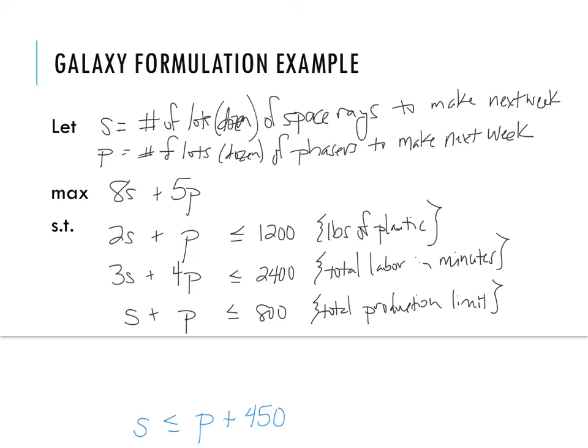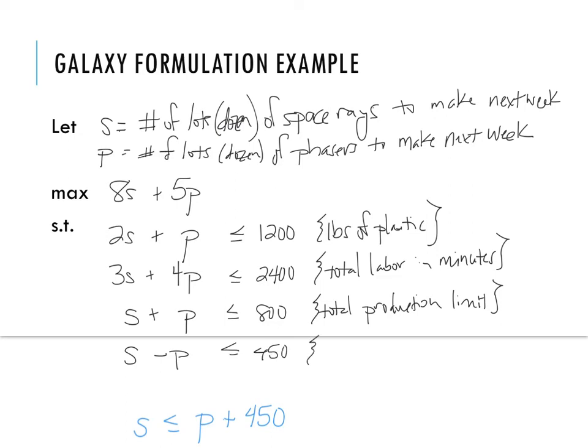What that means is I need to take this P and move it over here by subtracting P from both sides. It puts the P over here, keeps the 450 by itself. So let me rewrite it up here in black. So we have S minus P, because I subtracted P from both sides, less than or equal to 450.